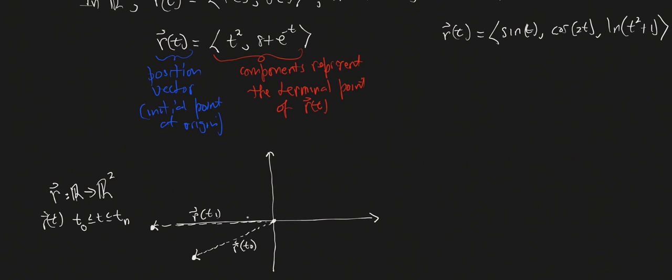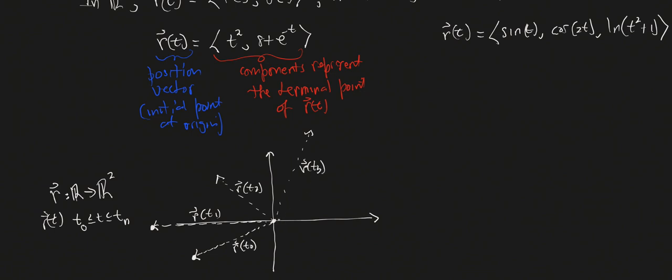And again, continue that process. Let's say I plug another one in and I get this vector. Let's say this is r of t2. And then over here, let's say that this is r of t3. And then I'll just kind of finish it up.